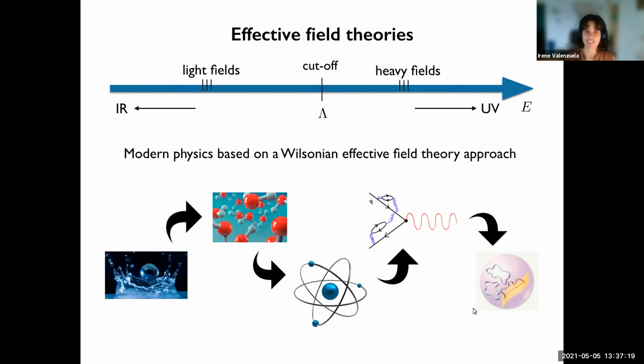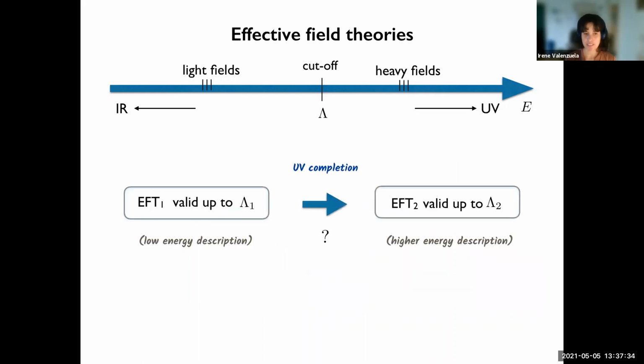They give a description up to some energy scale, some cutoff, and this allows us to describe, for example, atomic physics without worrying too much about quarks and gluons and so on. And if we are interested in the description at a higher energy scale or smaller distances, then we need to UV complete that effective field theory so that it's valid up to a higher cutoff.